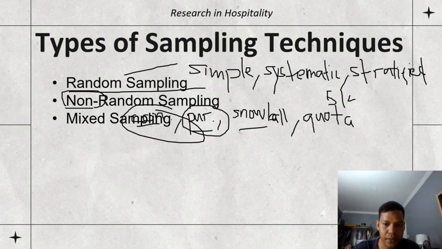Researchers must carefully balance the advantages and disadvantages of each approach to ensure the reliability of results. Again, random sampling, non-random sampling, and mixed sampling each have advantages and disadvantages, so you need to study the objectives of your study so that you have alignment with the sampling techniques that you are going to use.